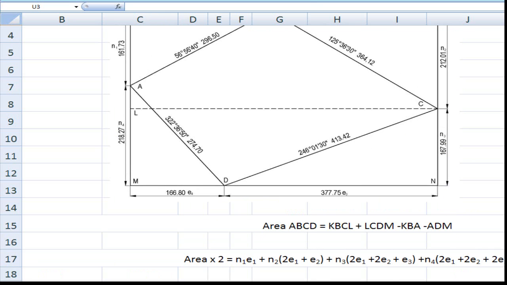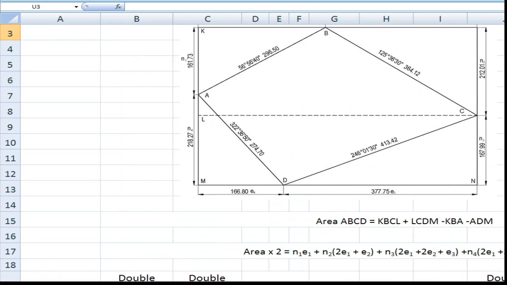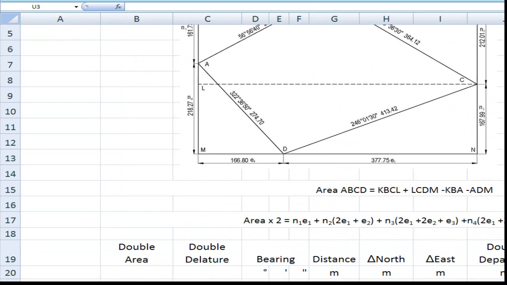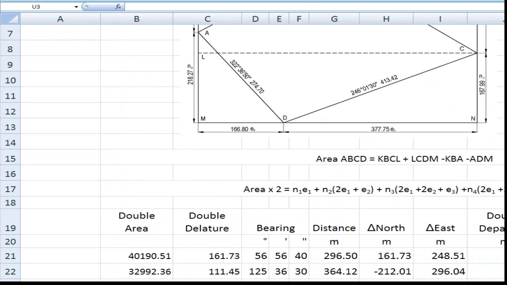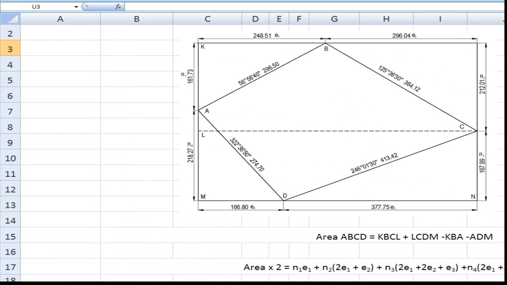Now as I zoom out a little bit, I'm just trying to position things there. Oops, we're going the wrong way. Here we have our formula.